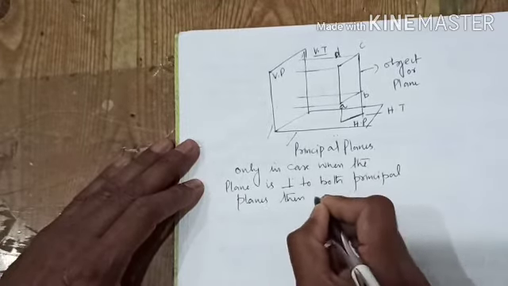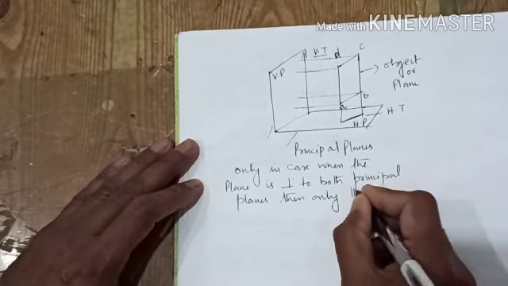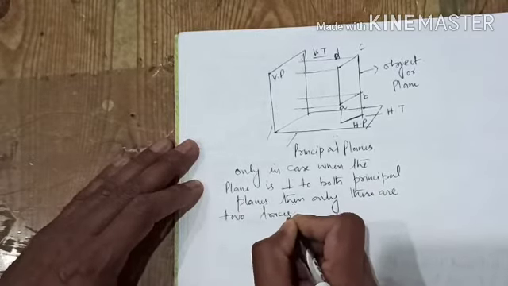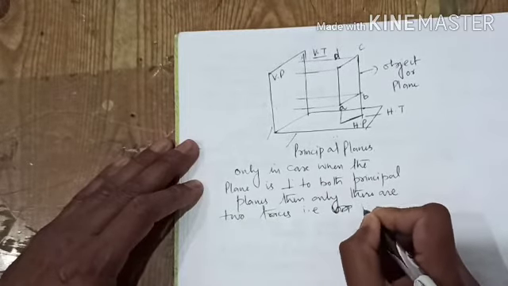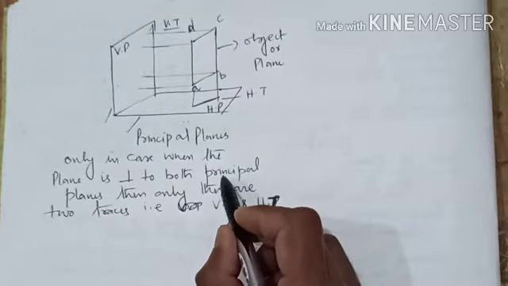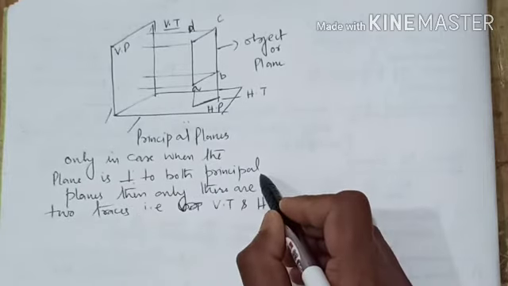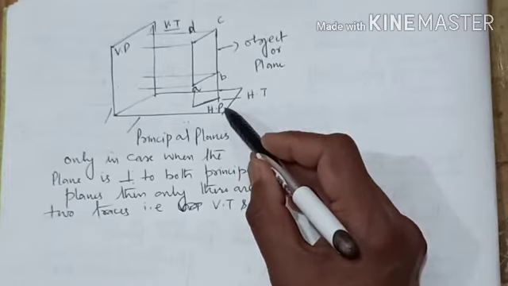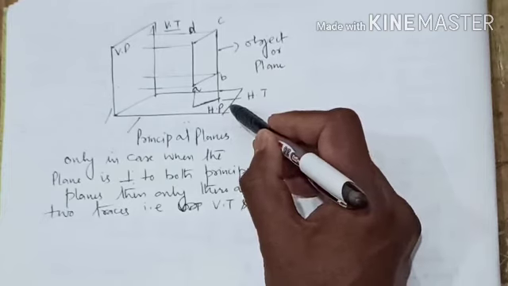Only then are there two traces, that is VT and HT. Otherwise, it has only one trace, when the plane is perpendicular to the specific reference plane.